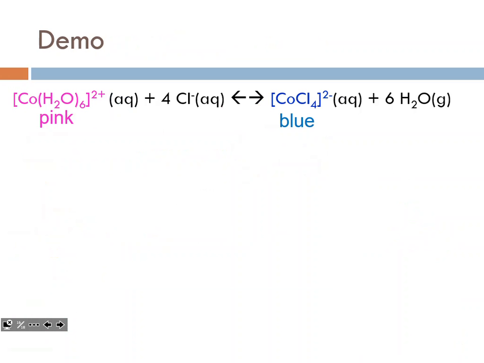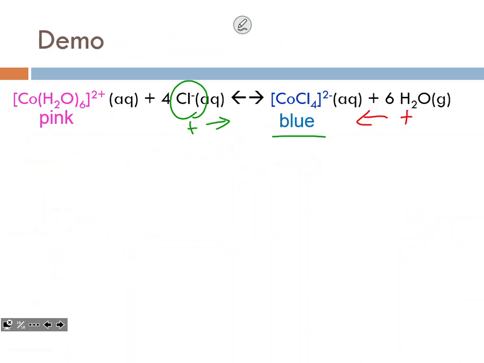Now our demo here, we completed that, and basically saw the pink and the blue ions as the different stresses were applied to the system, whether we added HCl or CaCl2, basically adding in chloride in both of those cases. When we added in the chloride, it shifted and turned blue. When we added in the water, it shifted towards the reactants and turned pink.